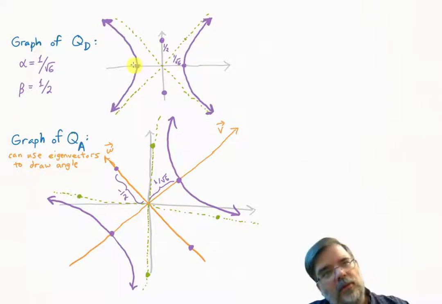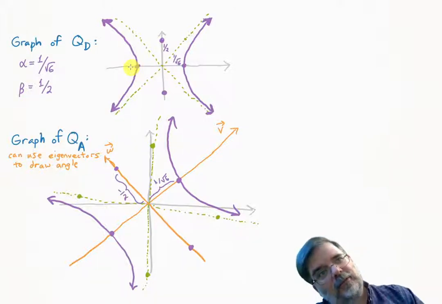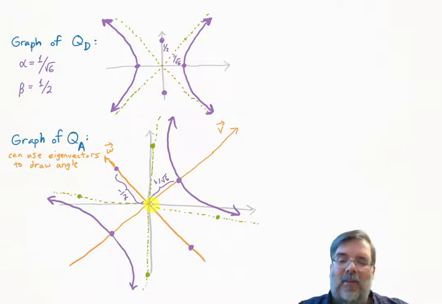We have to rotate this to get the graph of QA. And so like so. In this case, the eigenvectors will help you figure out what this angle is. I mean, we know the angle is 45 degrees, but if you didn't know exactly what the angle was, you don't have to solve for it exactly. You could just draw this eigenvector, in this case 1, 1, and then negative 1, 1. So you could draw those eigenvectors.